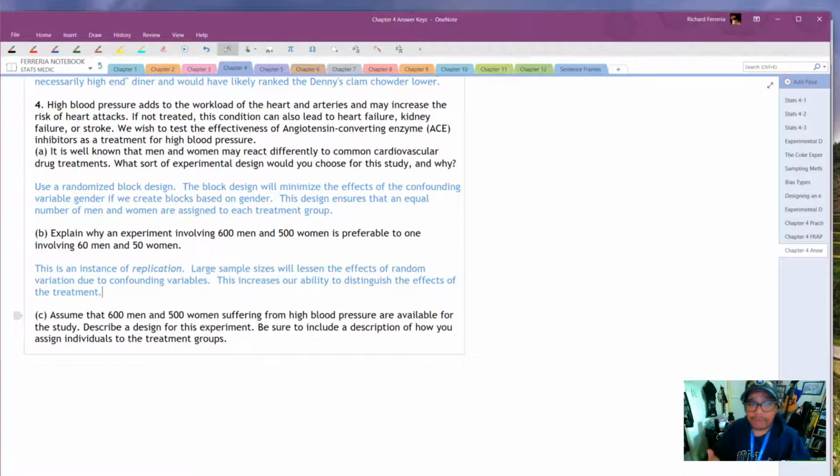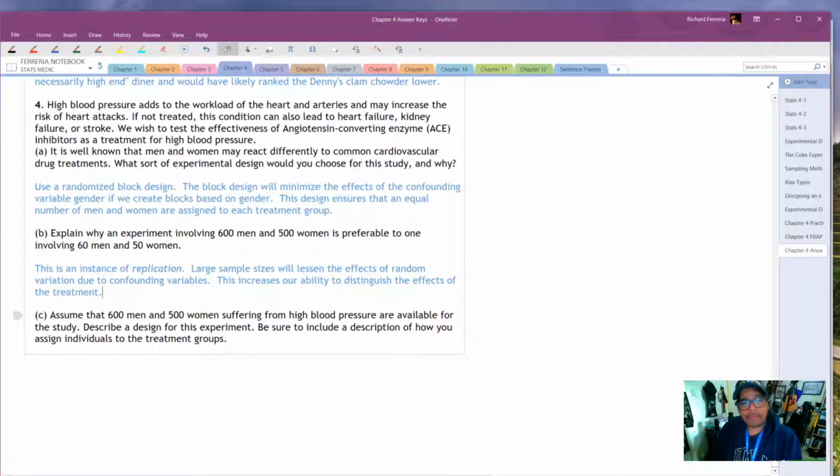Because if you do have a confounding variable in your group, say you have one outlier observation in your group, then having a large sample has the effect of averaging that outlier with the rest of the observations.